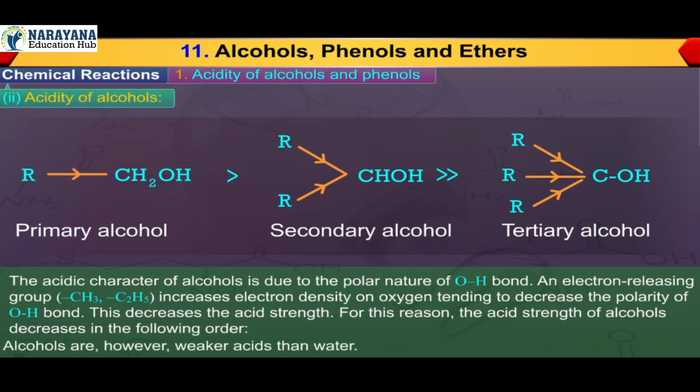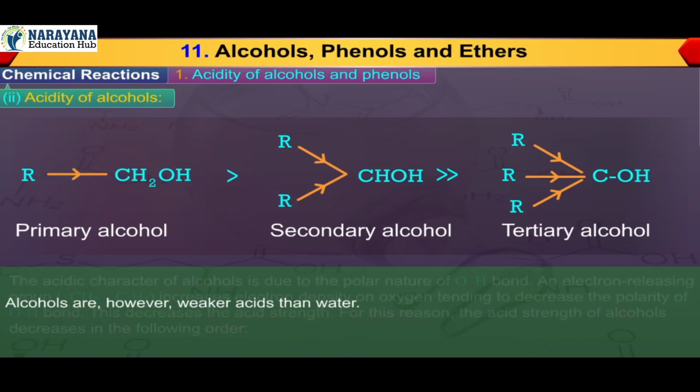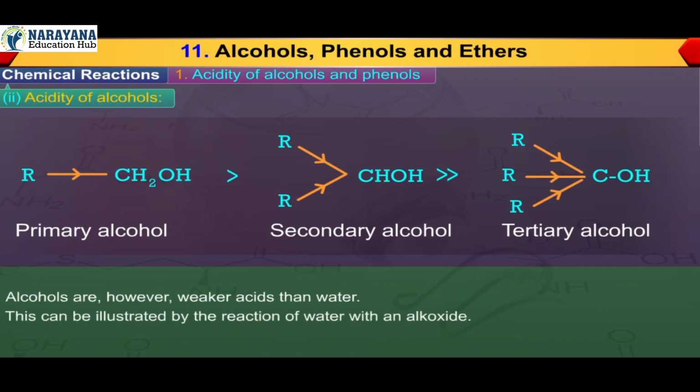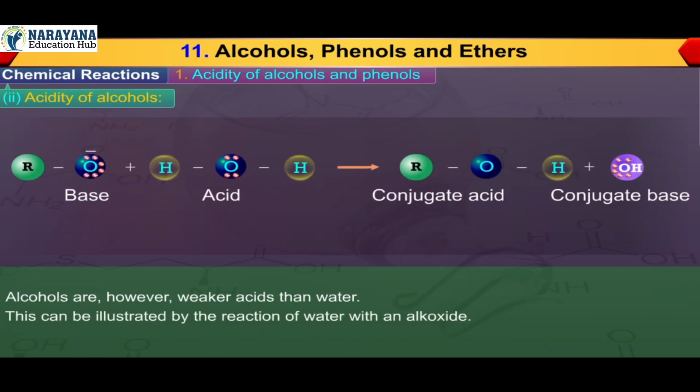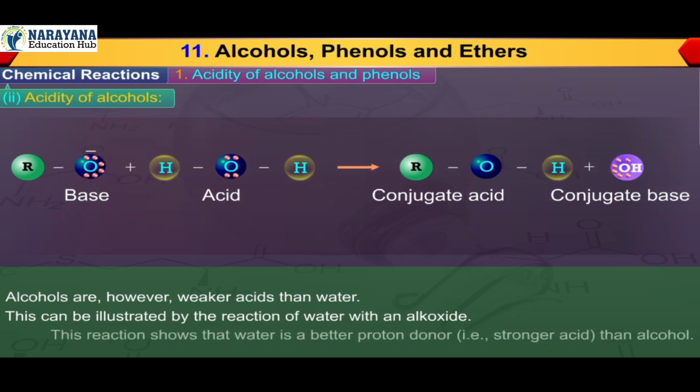Alcohols are, however, weaker acids than water. This can be illustrated by the reaction of water with an alkoxide. RO minus base plus HOH acid gives ROH conjugate acid plus OH minus conjugate base.